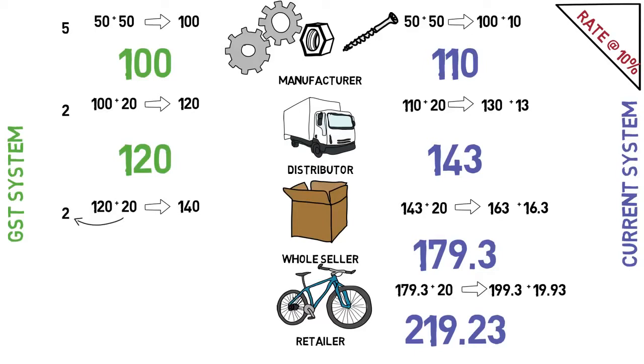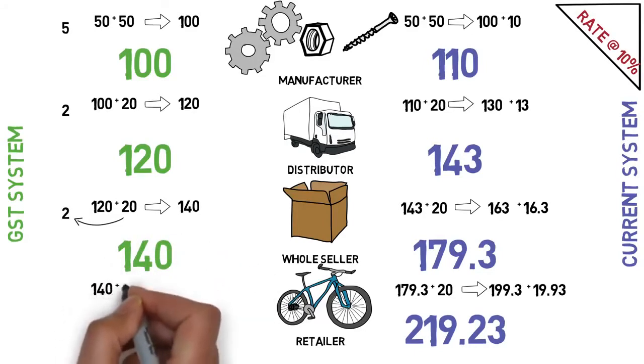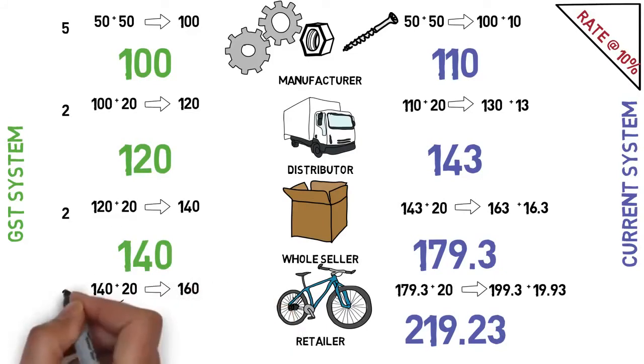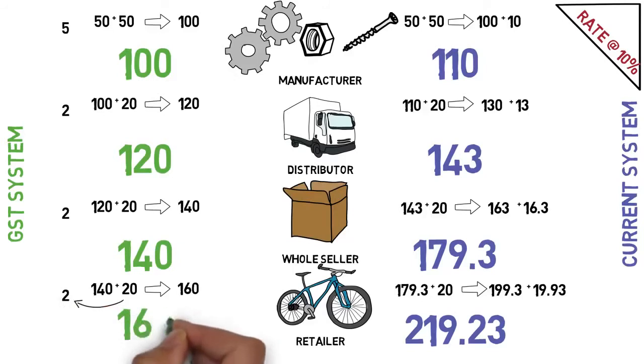The retailer buys the product for 140 rupees, adds a profit of 20 rupees, pays the tax of 2 rupees on his profit of 20 rupees and raises the final consumer price to 160 rupees. So, if the prices are compared, the product is 59.23 rupees cheaper in the GST system than the current system.